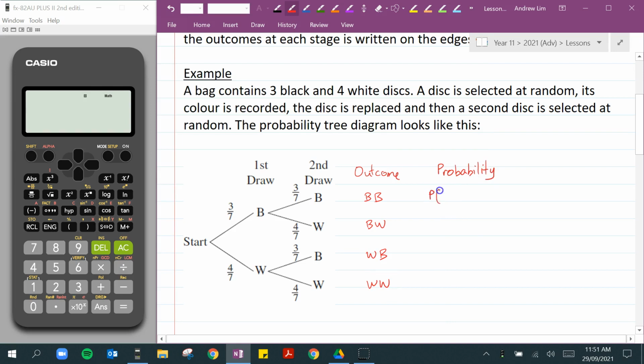We can also work out the probabilities. The probability of getting a B and then a B, a black and then black, is 3 out of 7 times 3 out of 7. We are always going to multiply the two probabilities. That will give us 9 out of 49. The probability of black and then white will be 3 out of 7 times 4 out of 7, which is 12 out of 49.